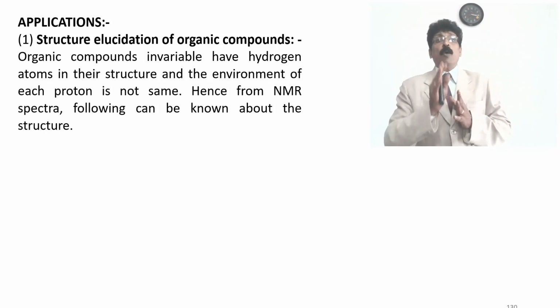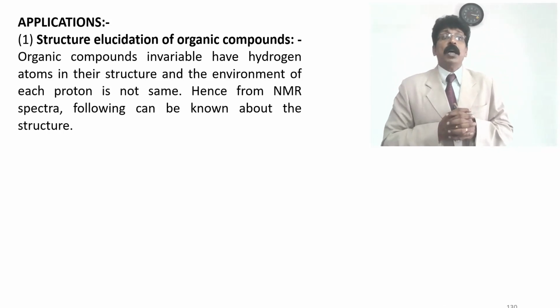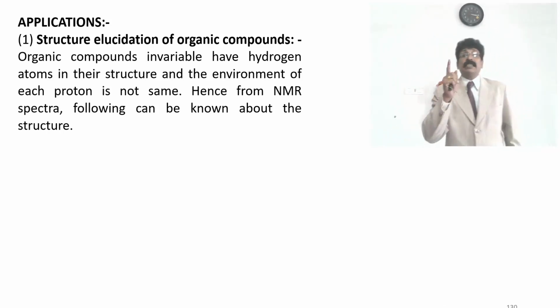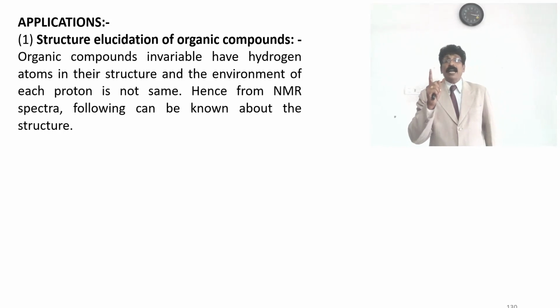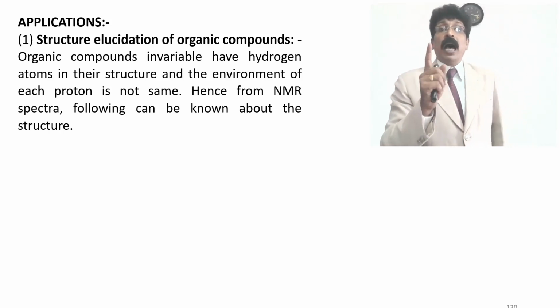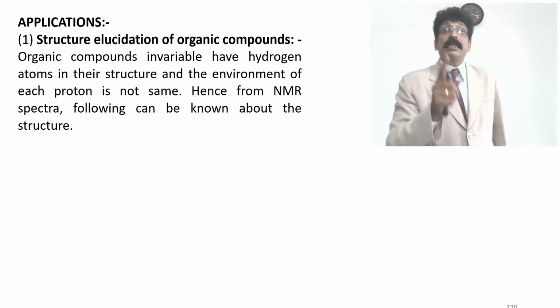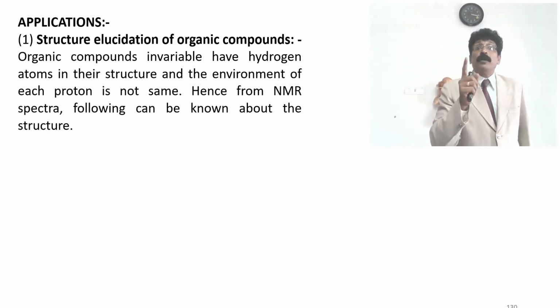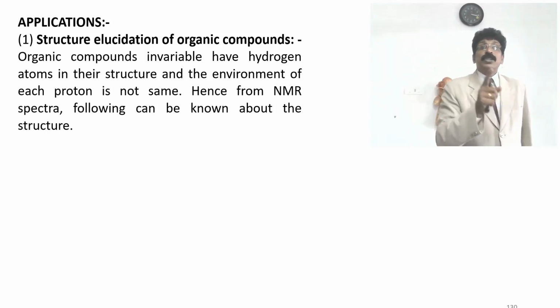Now we are coming to the application of NMR. The structural elucidation of natural or organic compounds. An isolated organic compound invariably has hydrogen atoms in its structure, and the environment of such protons is not the same.